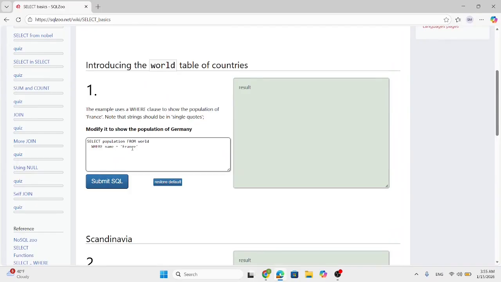In the first question, it says we need to show Germany's population. So we need to delete France here and write Germany. Then we will see just one column, population from the world table, and only Germany's population. Nothing else. We are going to submit it, and that's it.